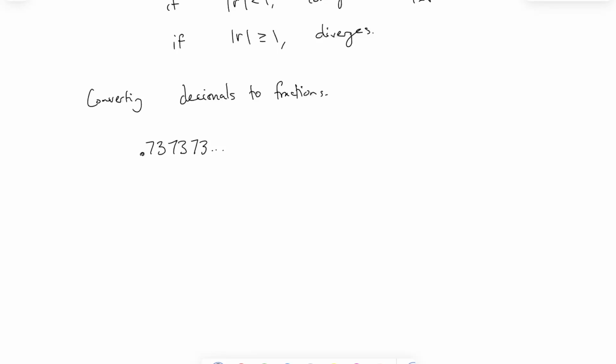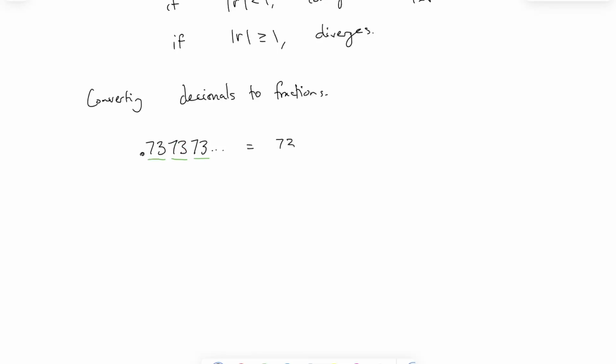The idea is you write this out as an infinite sum. The difference from last time is rather than digit by digit, I'm going to take it in blocks of 2 digits each. This is 73 hundredths, right? Plus this would be 73 ten-thousandths.